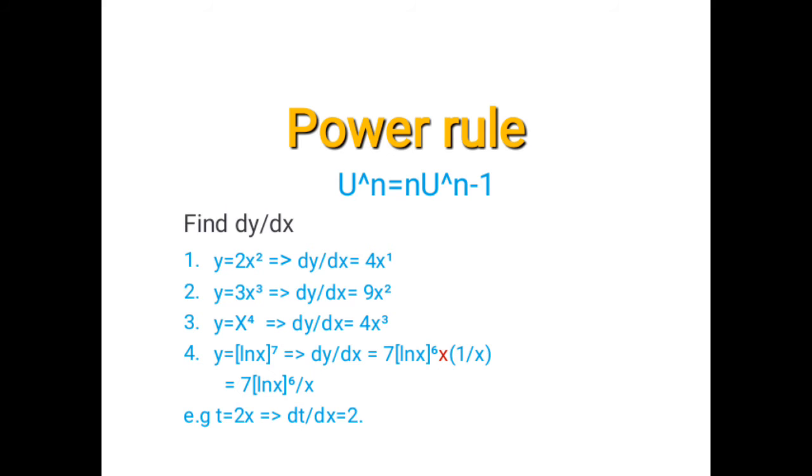For example, here we have y equals x to the fourth, and so we have dy on dx equals 4x to the power 3. Here we have t equals 2x, and differentiating that, we have dt on dx equals 2.